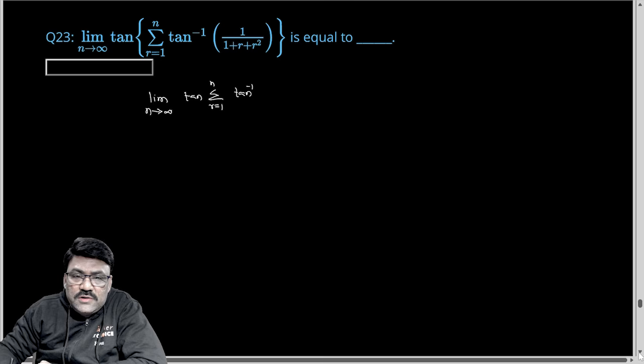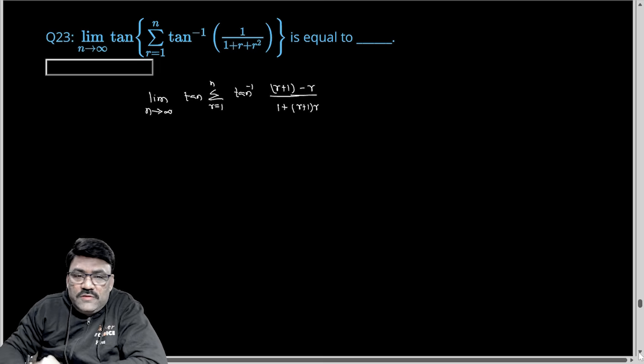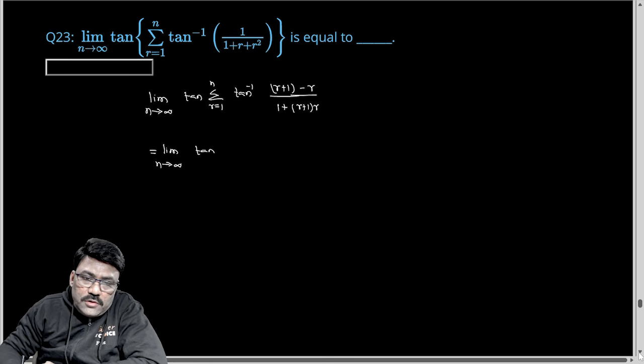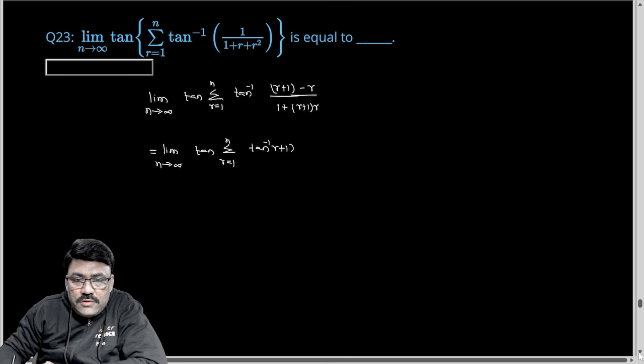It can be written as (r plus 1 minus r) over (1 plus (r plus 1) into r). So hence it can be written as limit n approaching infinity, tan of sigma r varying from 1 to n, tan inverse (r plus 1) minus tan inverse r.